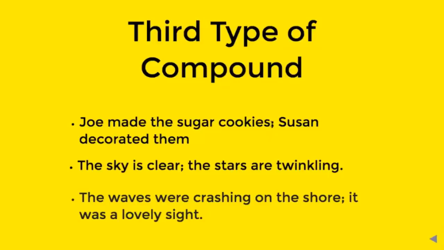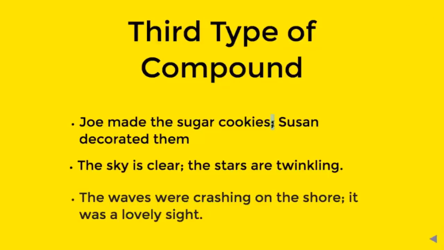But we did use a semicolon here and omitted the word and. So you can use this type of punctuation in order to make a compound sentence. But I would recommend using this type of compound sentence only once in a paragraph or on a page. This should not be overused.